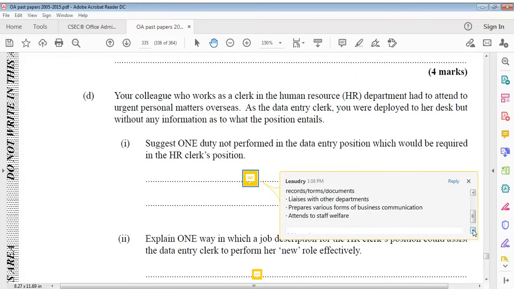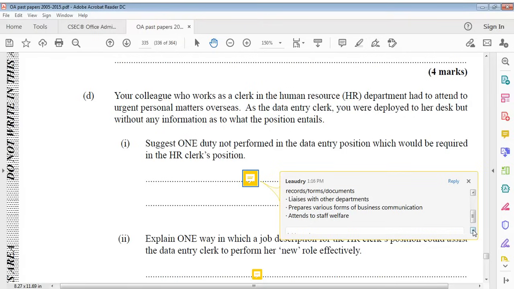7. Prepares various forms of business communication. 8. Attends to staff welfare. So we have 8 that are listed here. You just only need to select one, but you get a variety of duties that you could write as your answer.